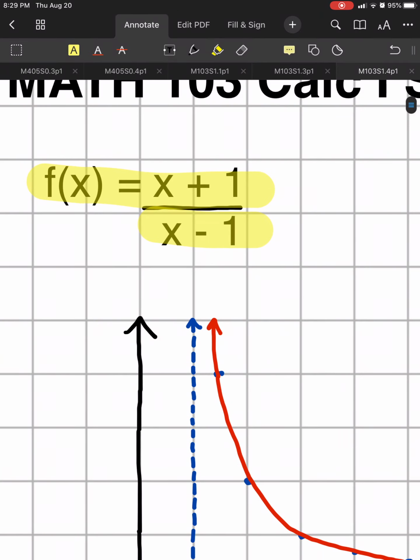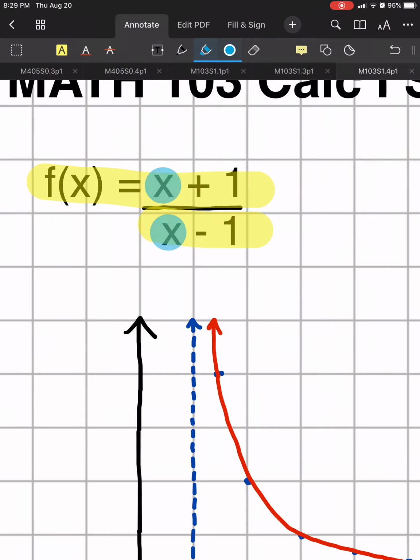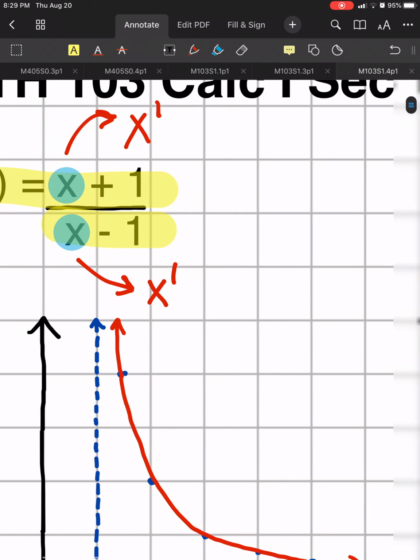So here you'll notice in this example we did up here, our highest power of x on top and the bottom, both of these are x to the first. So these are the same.